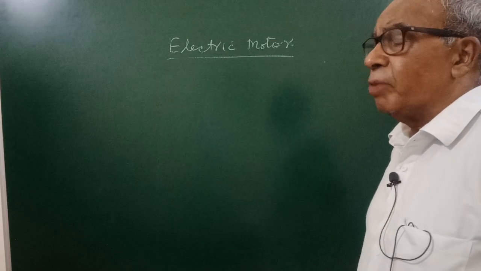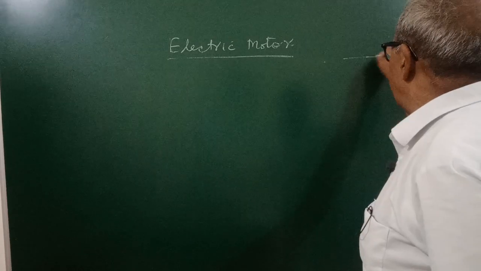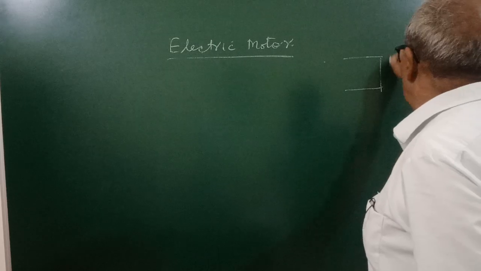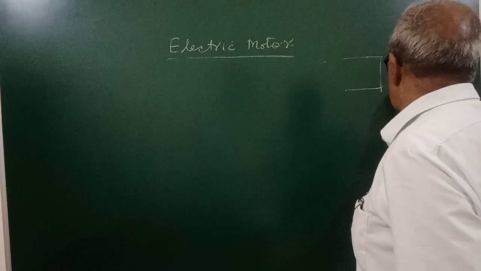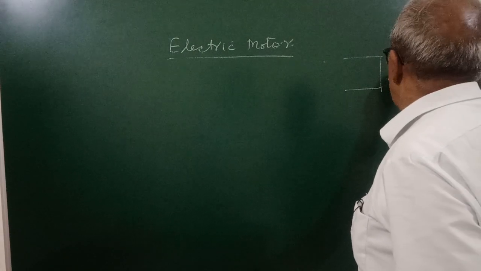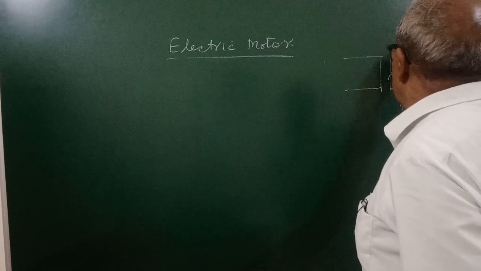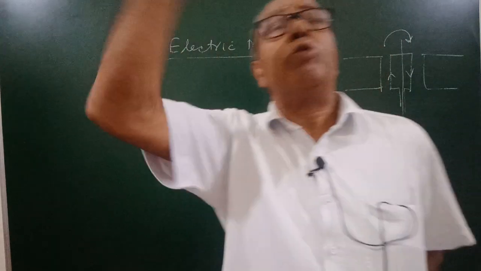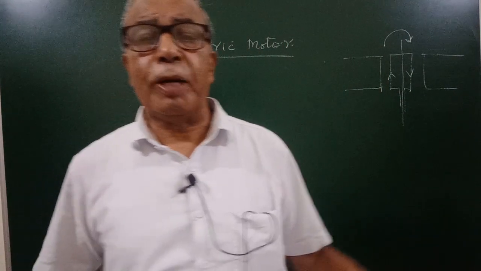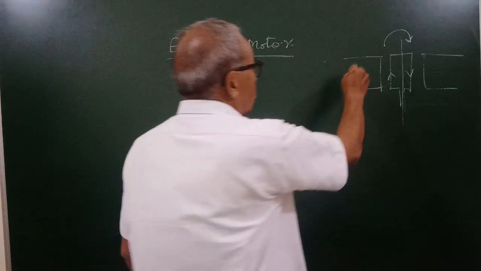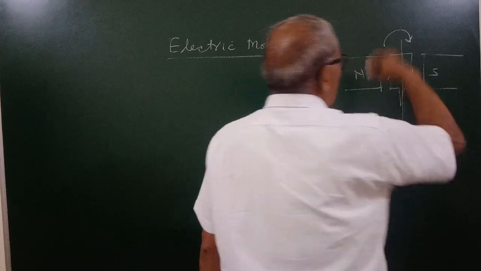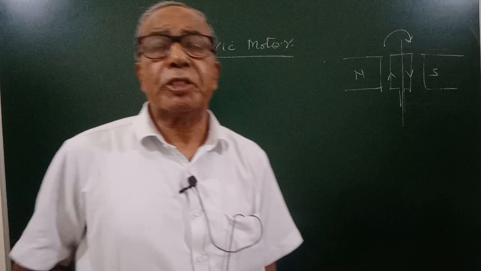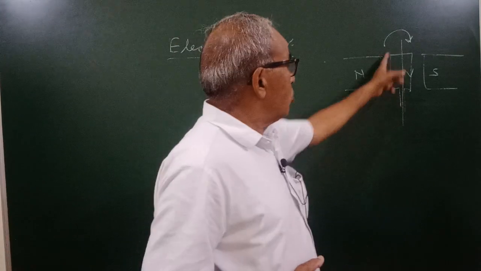Actually, in a magnetic field, if we place a loop in the form of a rectangle or circle or any shape, when we pass current, it acts as torque and rotates. The fan rotates only because we pass current. Now this is North Pole, South Pole. But it rotates only when we pass current. The coil is your conductor.